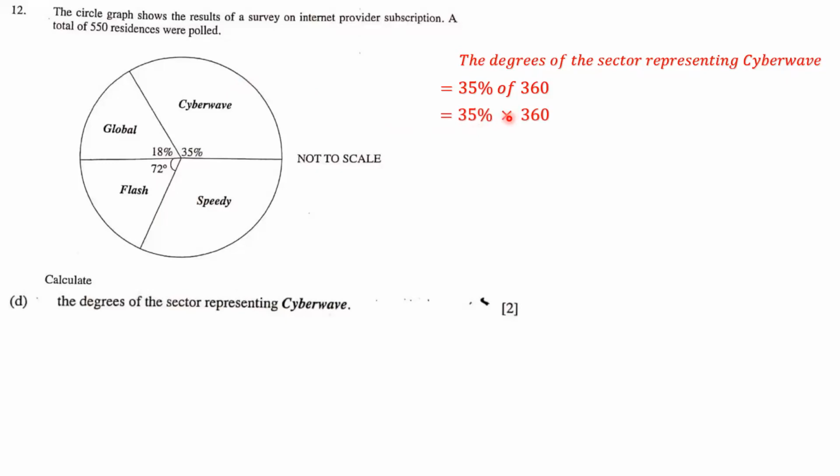So 35 over 100 multiplied by 360 over 1. And so we have 35 multiplied by 360, that's going to be equal to 12,600. And then we have 100 times 1, which is 100. So we divide 12,600 by 100, and that's going to be 126. And so the degrees of the sector representing Cyberwave is going to be 126 degrees.